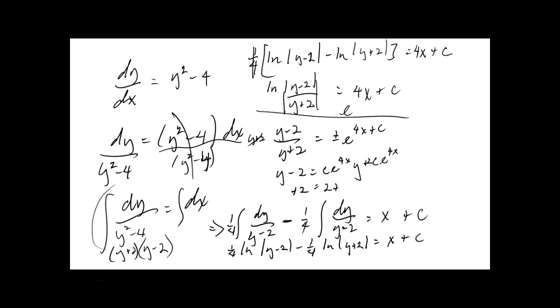You do the e of both sides. Why does it come up plus or minus? Oh, I think this step still had the absolute value on it, okay?